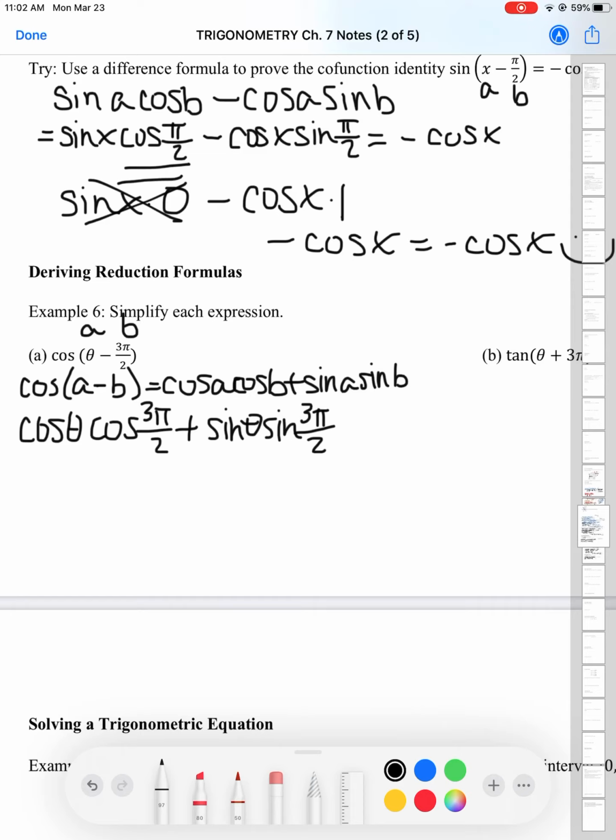So cosine 3 pi over 2, that's our 270-degree angle. So remember, that would be this one right here. Cosine of that angle is 0. So we have cosine theta times 0 plus sine theta times, well, sine of that angle is negative 1.